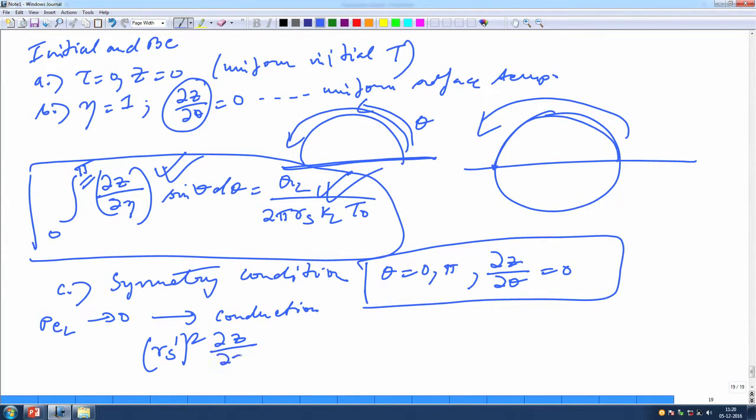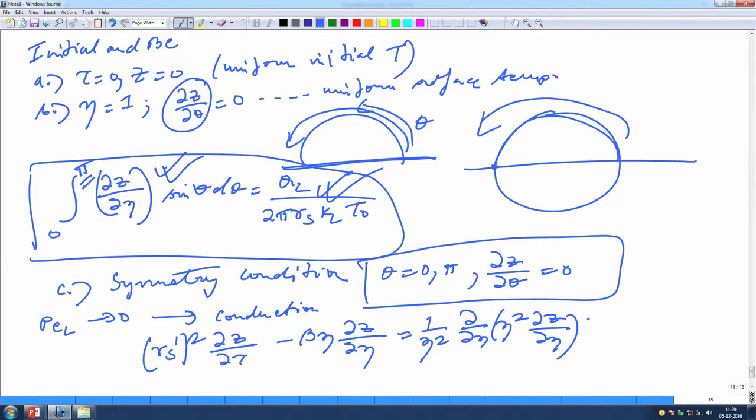So, if you write the same equation, okay, because I have just taken off the Peclet number term.